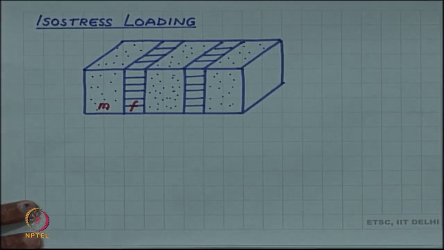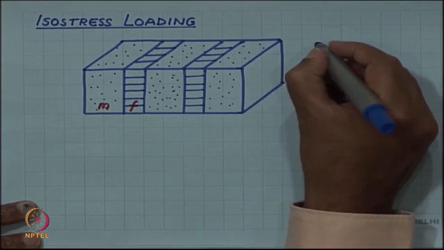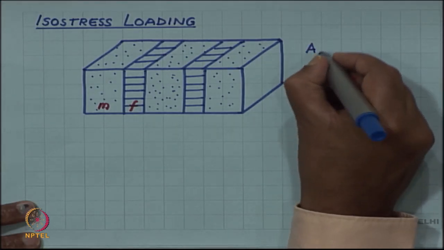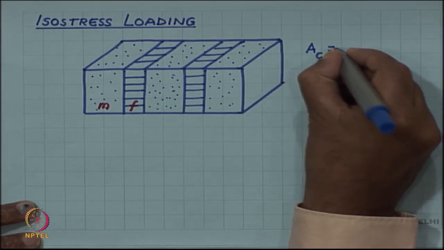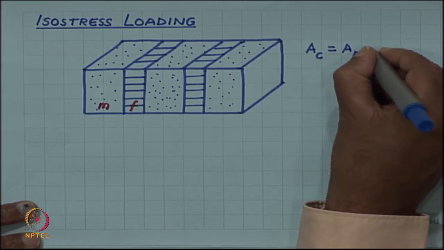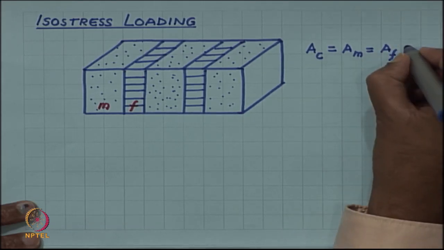Now in this situation, the area of the composite, area of the matrix, and area of the reinforcement are all the same.